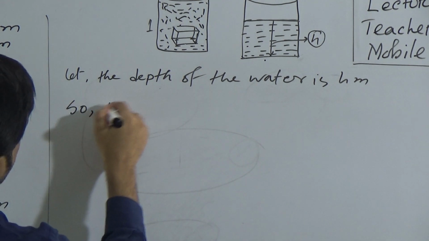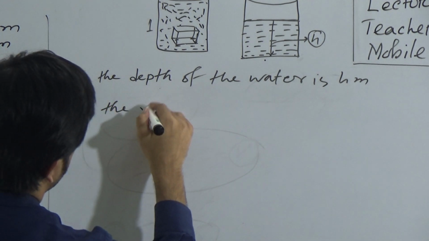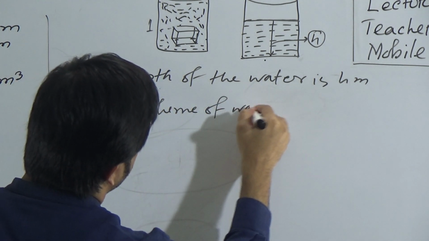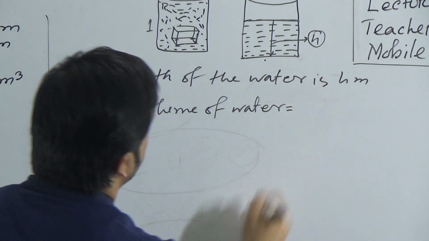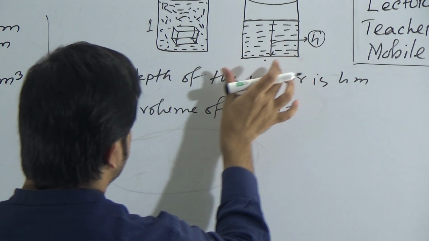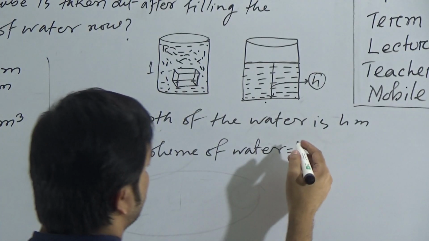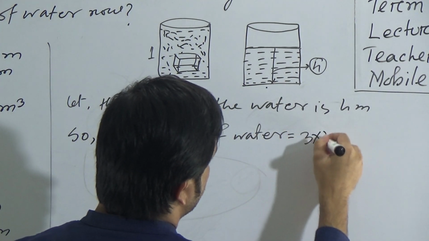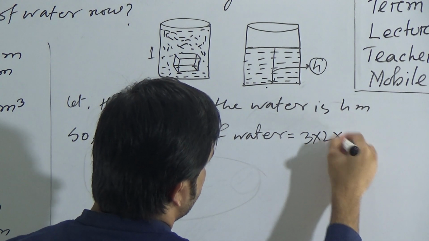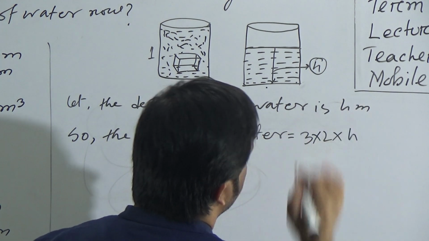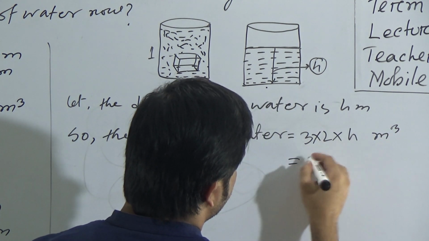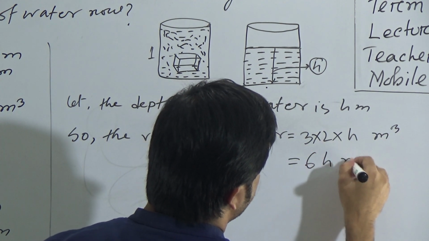So the volume of water: the length and breadth of the reservoir will remain the same, so we have to write 3 multiplied by 2, and the depth of water is h cubic meter or m cube, so we can write 6h m cube.